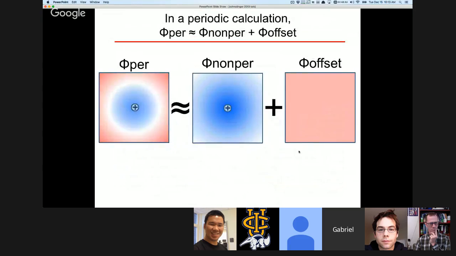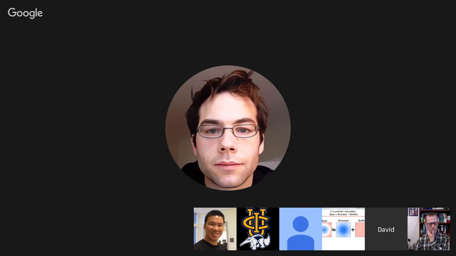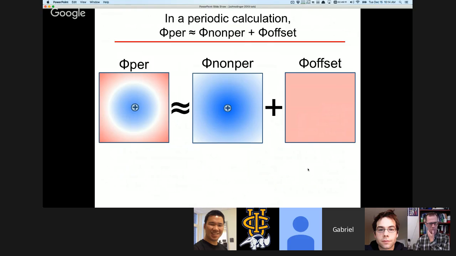Okay, so a way to understand what happens when you take your intuition about a non-periodic system and move it over to the periodic system is to say that the potential at some point in the periodic system is approximately equal to the potential that you would see in a non-periodic system plus some uniform offsetting potential.